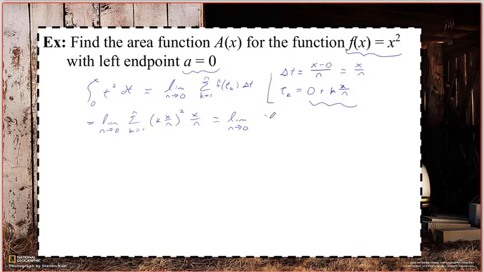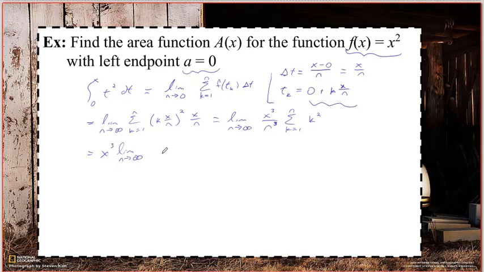So that is really x to the third over n to the third, and I'm left with the summation from k equals 1 to n of k squared. And then for the limit, notice the n is the only thing that's changing, so x is actually a constant with respect to the limit. So I can pull that out. Limit as n goes to infinity. Looks like I've been writing 0. Let me change that to infinity.